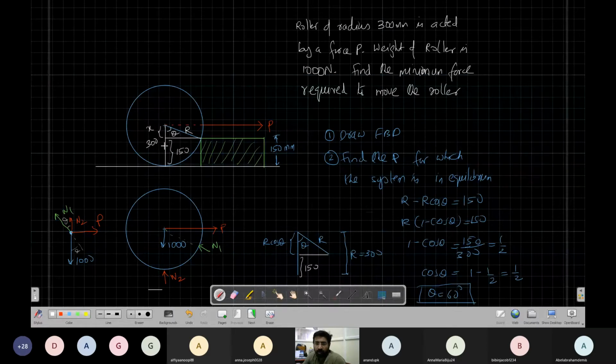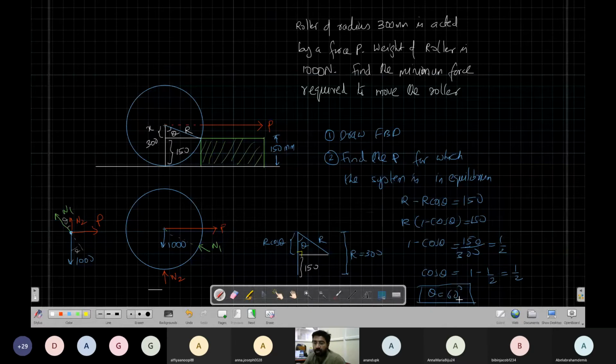We have to find the theta. How do you find the theta? Using geometry, we will find theta. So this is R, this is also R. Now I'll drop a perpendicular here. This distance is R cos theta. The total distance is R, so R minus R cos theta should be 150, the height.